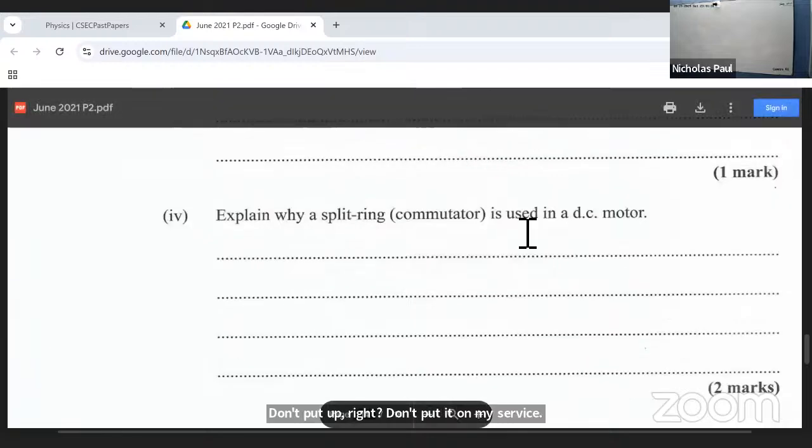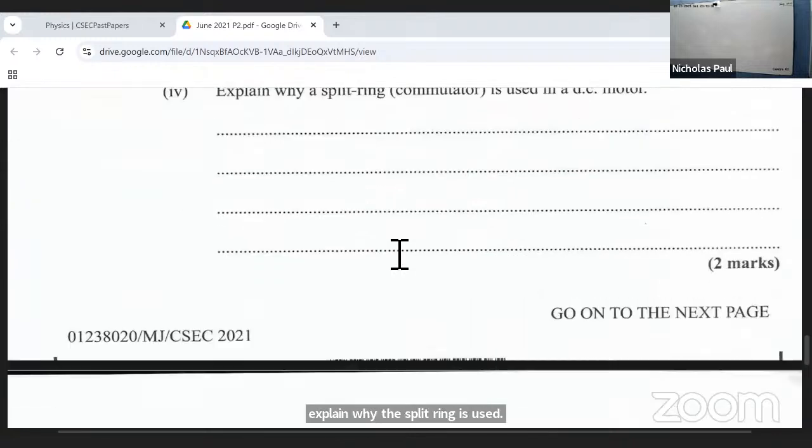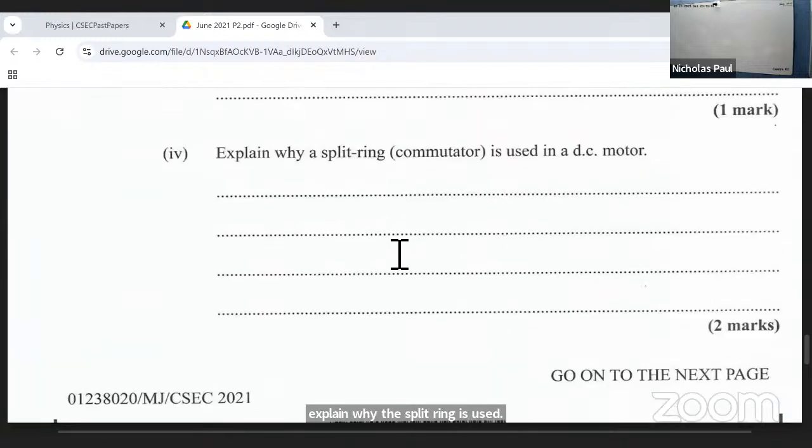Explain why the split ring is used. What is the purpose of the split ring? I'm looking for the exact answer. You have the right idea. I gave it to you in the explanation. The split ring allows the coil to continuously rotate.